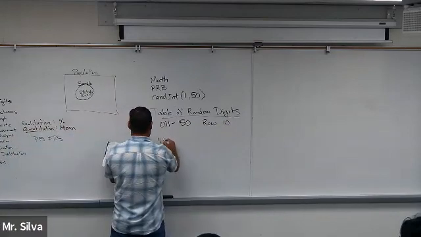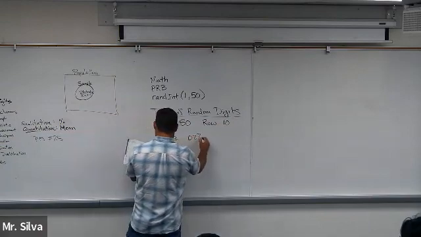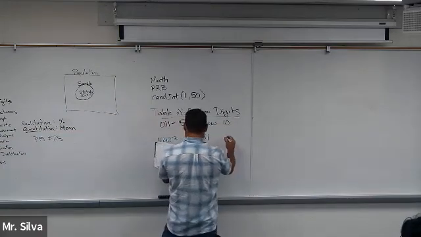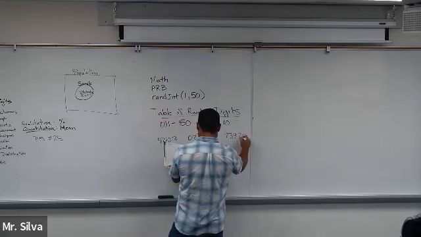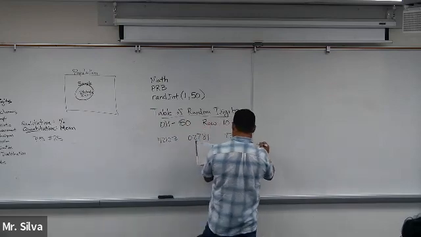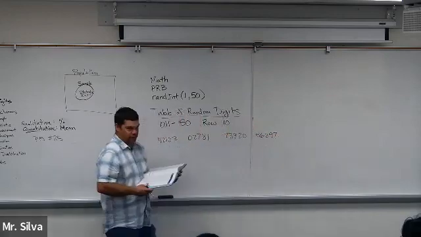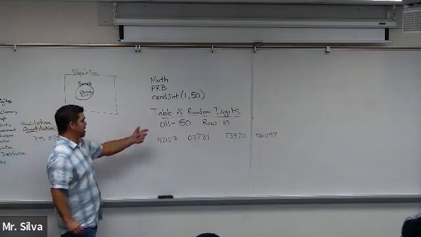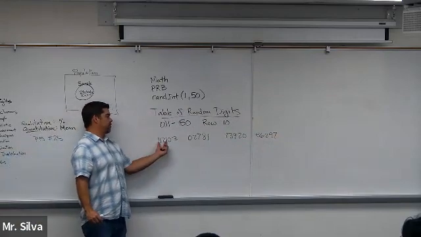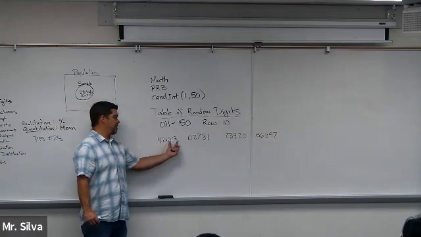42103, 02781, 73920 and 56297. If I'm going every 2 digits, like when I pick numbers from 1 to 50, 42, person number 42, person number 10.